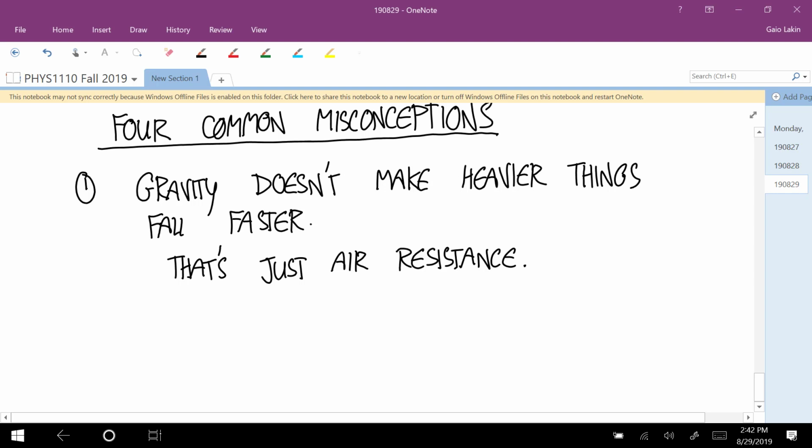Okay, the second common misconception. So I don't know about this wording. I'm not saying the misconception, I guess. I'm saying what's actually the fact: the horizontal motion of an object does not affect how gravity accelerates the object down.